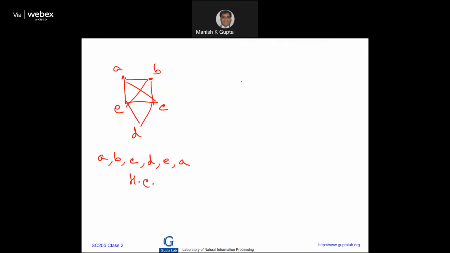If you look at another example, A, B, C, this has no Hamiltonian circuit.